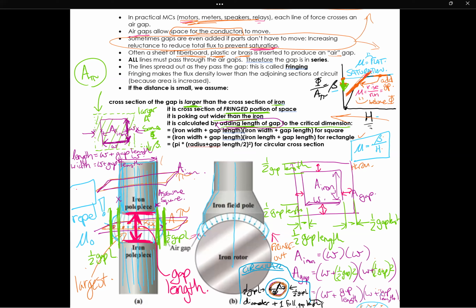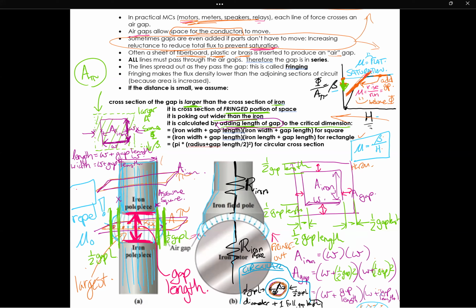Now, in the example, we have to explore what this means to our math. And let me show you very quickly what it means to our math. Previously we would calculate this as a reluctance. This is the reluctance of iron. And then we would calculate this as a reluctance, iron rotor.